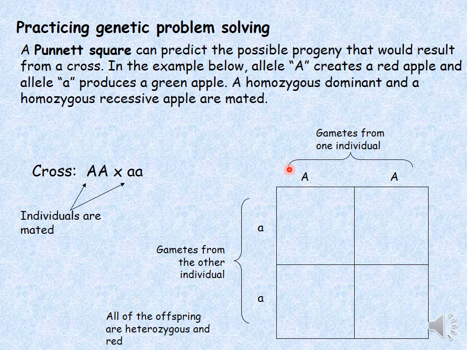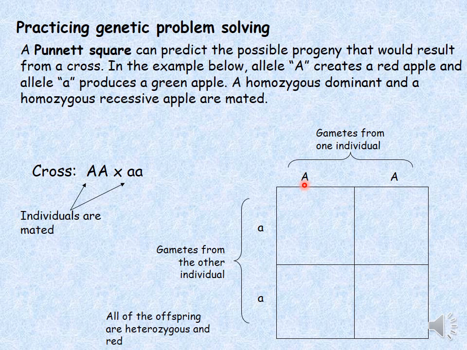In this Punnett square, you're going to write the alleles of one, usually the female, at the top. So big A. And then the alleles from the gametes of the other individual will be small a. Now we're going to be filling in this Punnett square.